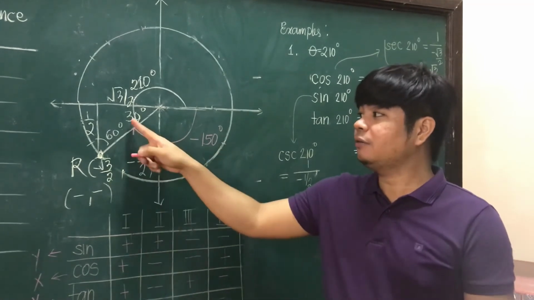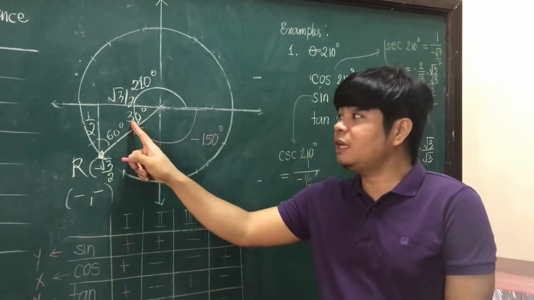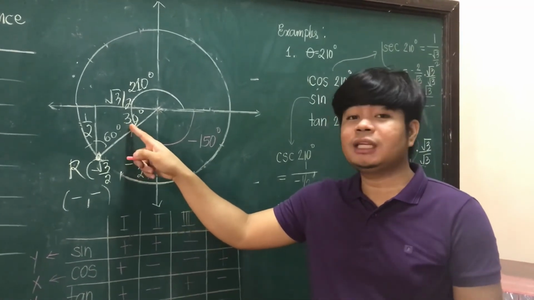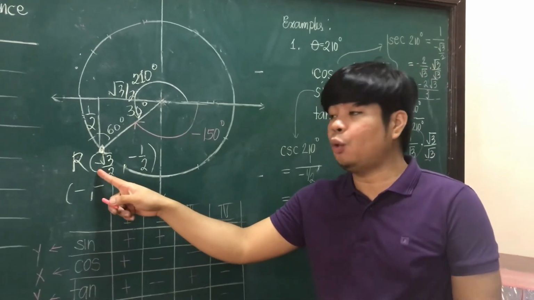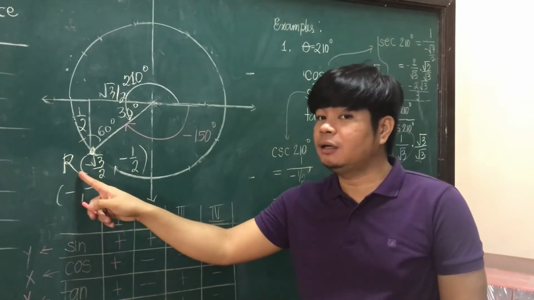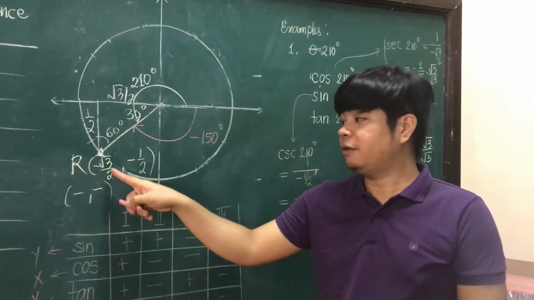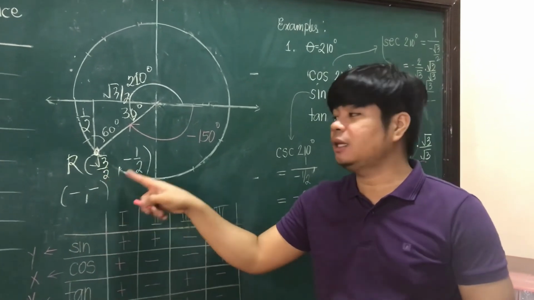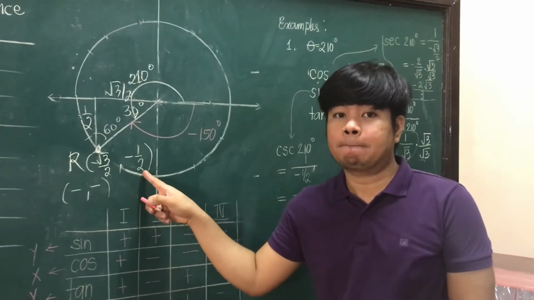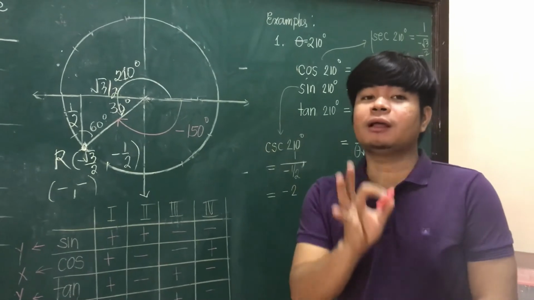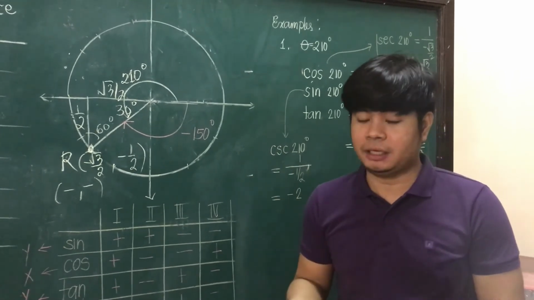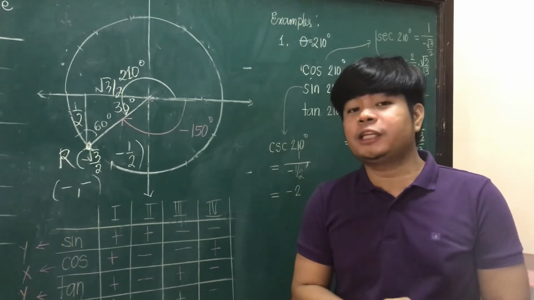It also has the same reference angle, and that is 30 degrees. Meaning to say, the same coordinates of point R. We have negative square root of 3 over 2 as x and negative 1/2 for y. That is the implication of coterminal angles. All angles that are considered to be coterminal angles have the same coordinates.